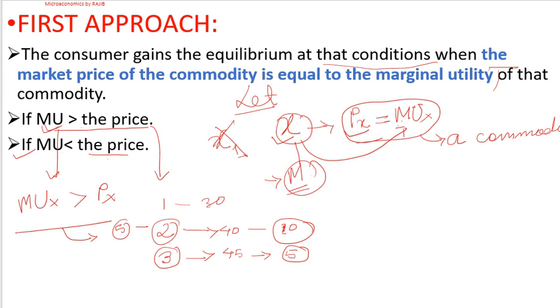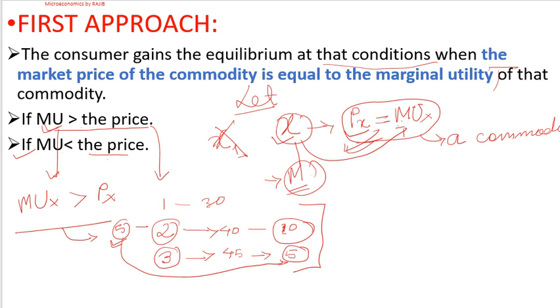At this point, the price will be the same, it is constant, and this is equal to the marginal utility. This is the condition we refer to: price of x is equal to marginal utility of x, and this is the consumer's maximum satisfaction.